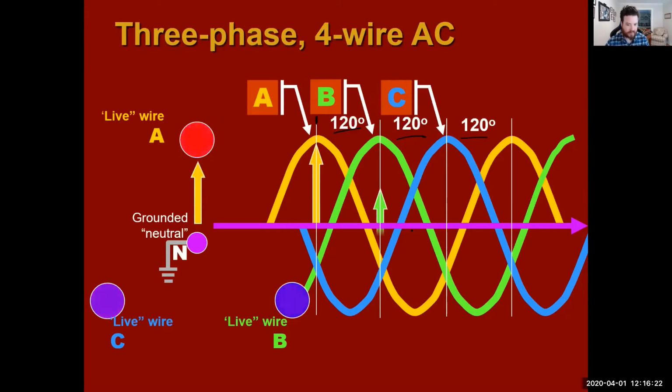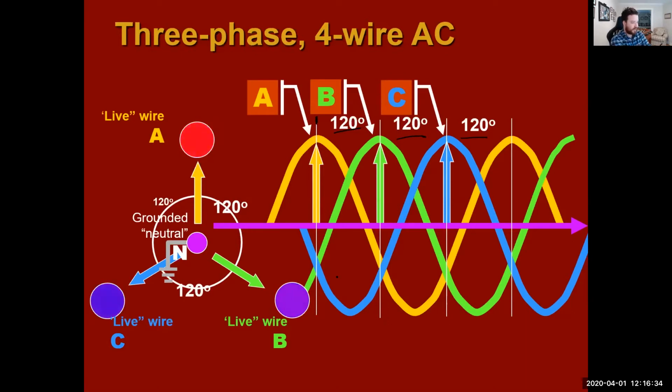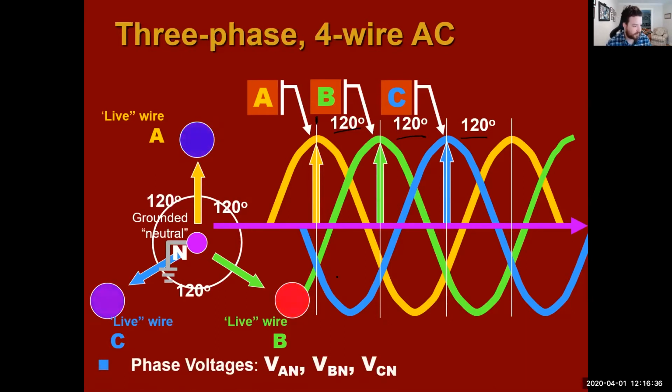So from the ground to neutral, we're going to have 120 volts. That goes to each one. And they're all, like I said, 120 degrees out of phase. So our phase voltages are voltage AN, voltage BN, and voltage CN.